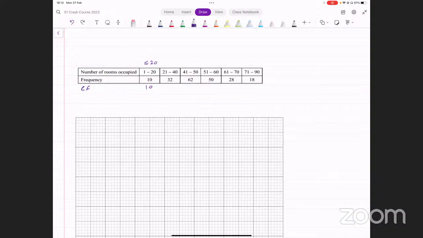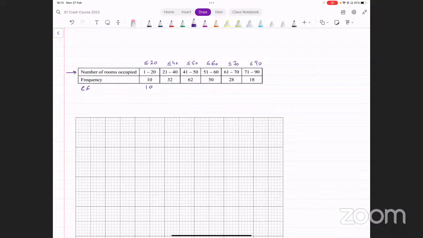We are going to use less than or equal to 20, less than or equal to 40, less than or equal to 50 here, less than or equal to 60, less than or equal to 70, and less than or equal to 90 here. We are not going to adjust these intervals in this particular case because we have a discrete variable. For continuous variables, we would adjust these intervals.